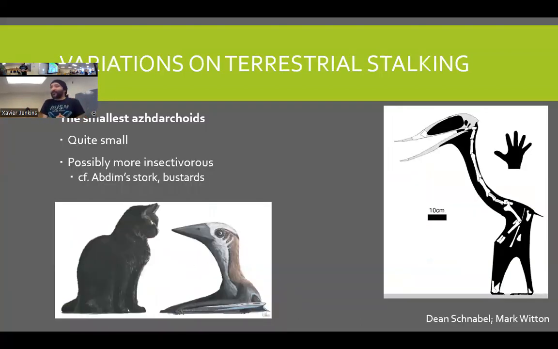The smallest Azhdarchids were quite little. The smallest that we know about is pretty much the same size as a cat. It's this cute little guy. It's likely that these guys were more insectivorous, like Abdim stork, as well as small species of bustard, going after larger insects over things like reptiles and small mammals.